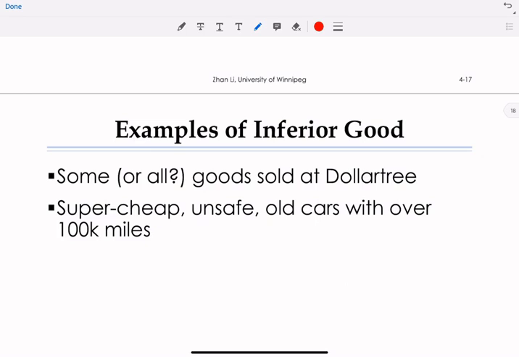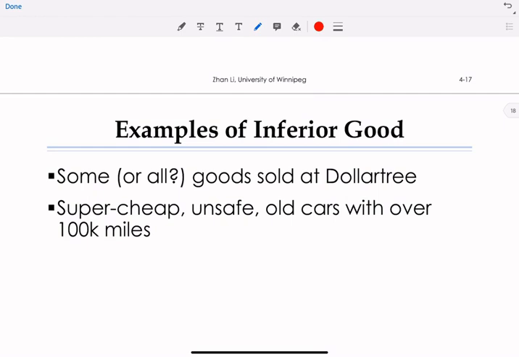I would say most likely they generally don't have the highest quality, and their prices are generally quite low. You can imagine that, let's say, if you have an income of $10,000 per year, well, maybe you would want to shop at Dollar Tree.